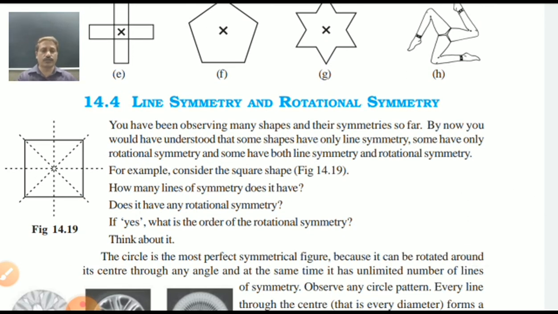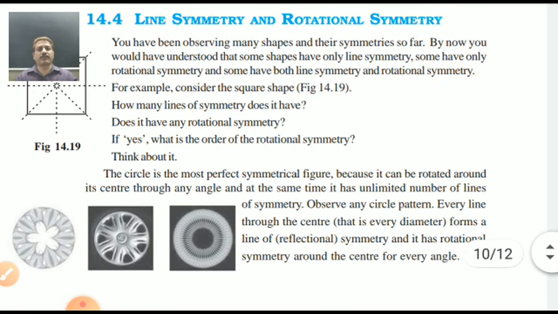Very good question here, students. A square has 4 types of symmetry, line symmetry. Yes. So here we can say rotational symmetry. What is rotational? Turning. Yes. The circle is the most perfect symmetrical figure because it can be rotated around its center to any angle, and at the same time it has an unlimited number of lines of symmetry, countless lines.